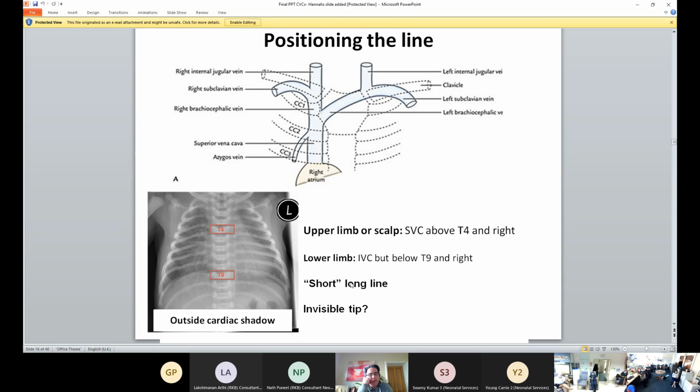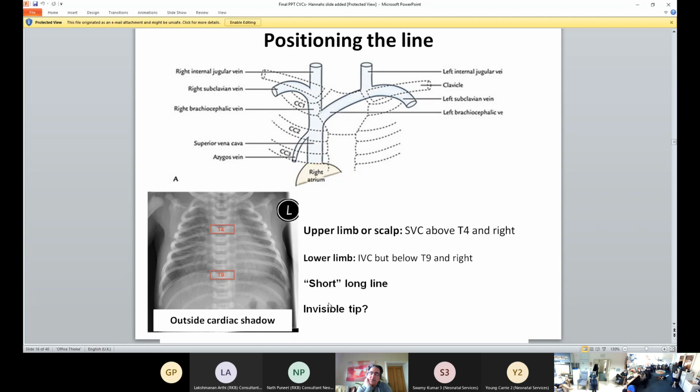In this case, because there is a risk of complication, you will need to add this to the problem list. So every day you remind the team that we've got a short long line with the risk of complication until we get a chance to take it out.